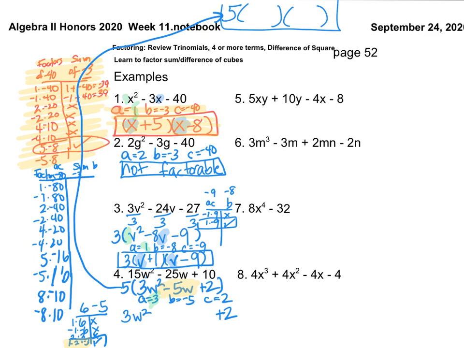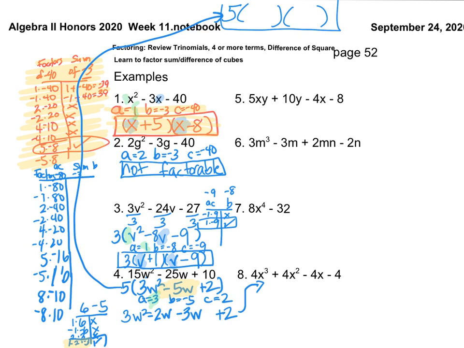That's what you do with this. So you have to do a couple more steps when you're doing a trinomial where a is not 1. So negative 5w will be replaced with negative 2w and negative 3w. Okay, I'm going to continue the problem here.